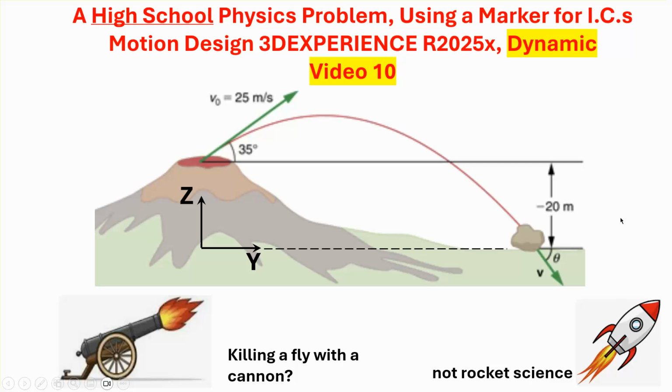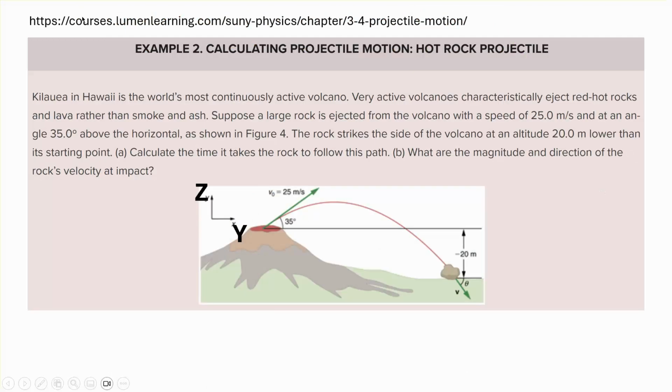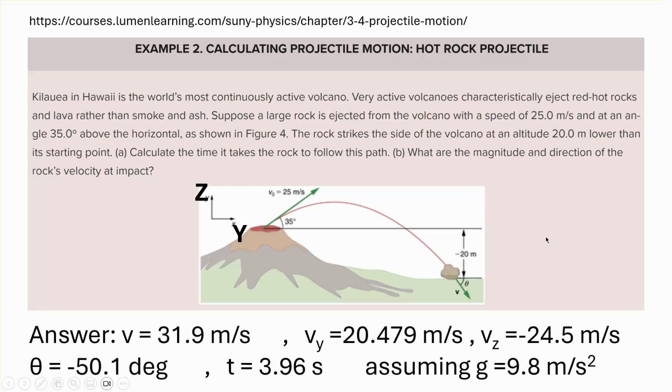Now, the reason I do things like this, these elementary problems, is essentially to reinforce some of the concepts in the context of problems that we have an analytical solution for, including this high school physics problem. It's actually coming from that internet site where they have solved it.